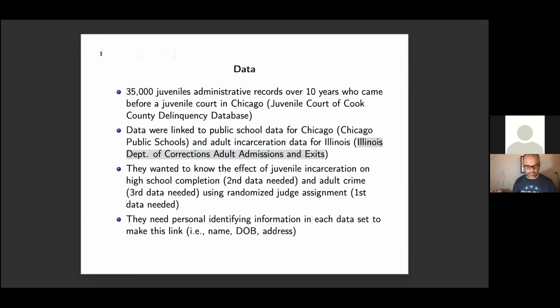We have 3 data sets in this project: juvenile court records, high school student records, and adult crime records. We link them by name, date of birth, and physical address. That's how we're going to link them together.